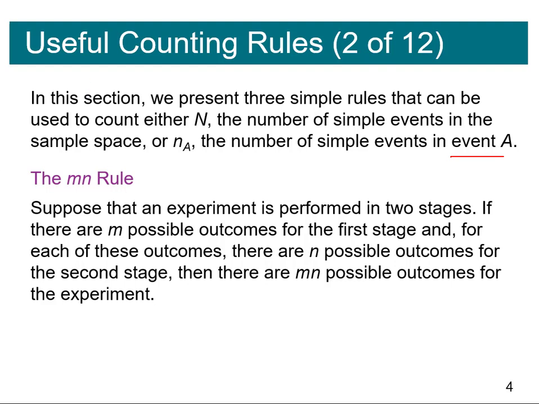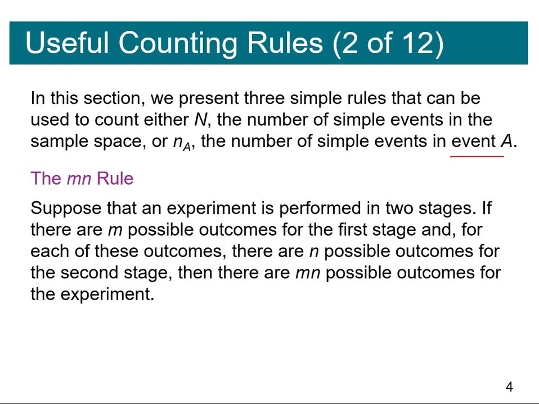Suppose that an experiment is performed in 2 stages. So that's what that example was. We took 1 candy, and then another candy. If there are m possible outcomes for the first stage, so there's 3 possibilities when we draw the first candy, and for each of these outcomes, there are n possible outcomes for the second stage.